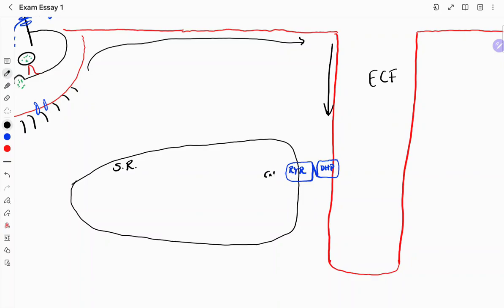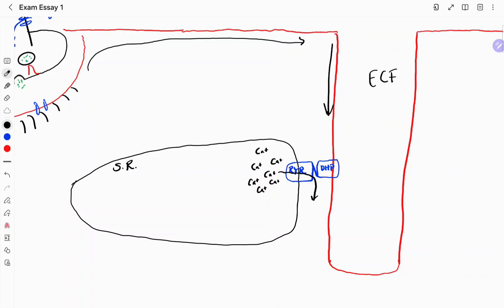And now we have all this calcium that's being released from inside the sarcoplasmic reticulum, which, by the way, is where we're getting most of our calcium from inside the cell rather than from the ECF. We have all this calcium coming out of the ryanodine channel into the sarcoplasm. Why does that matter?